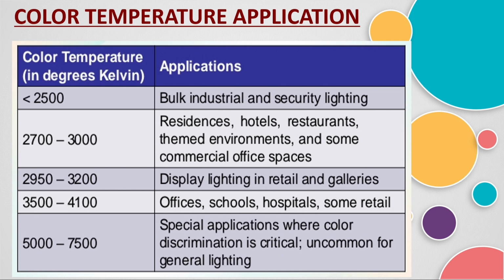Last is 5,000 to 7,500: special applications where color discrimination is critical, uncommon for general lighting. This cool white light is used in specific situations where more accurate color representation is paramount, such as in scientific or medical settings.